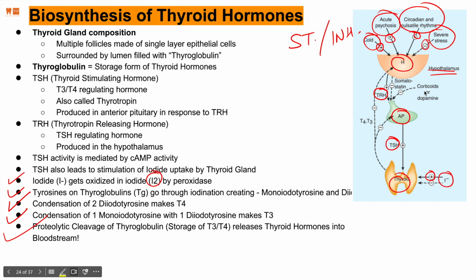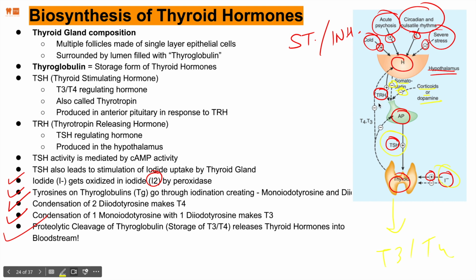Now, there is somatostatin and corticoids or dopamine as an inhibitory mechanism to the anterior pituitary. That will prevent this cycle. We know that, which will prevent iodide uptake, which will prevent release of T3 and T4.